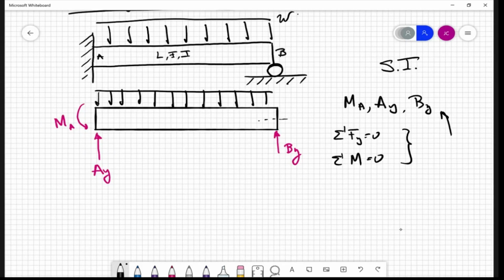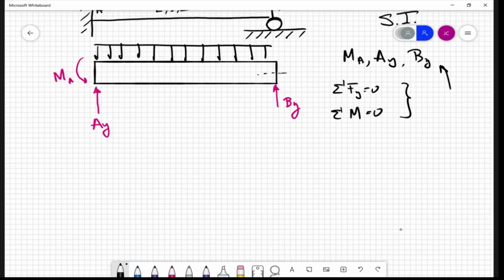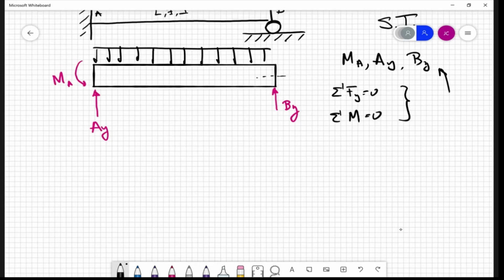So instead of trying to solve this in one step as we did with the direct approach, what we're going to consider here is we're going to relax one of these conditions and make it an applied or assumed force. So I'm going to relax this pinned condition at B, or the roller condition at B, and I'm going to consider the following problem, right?